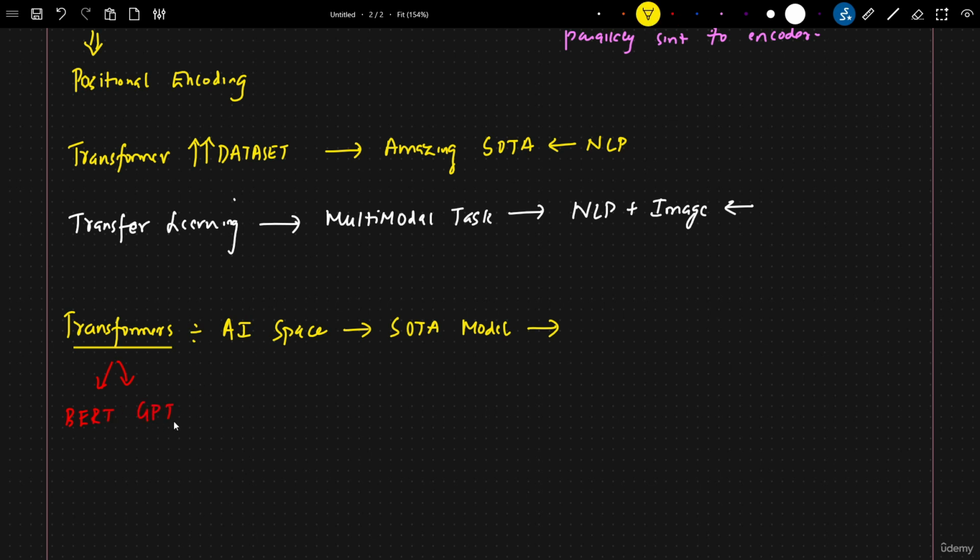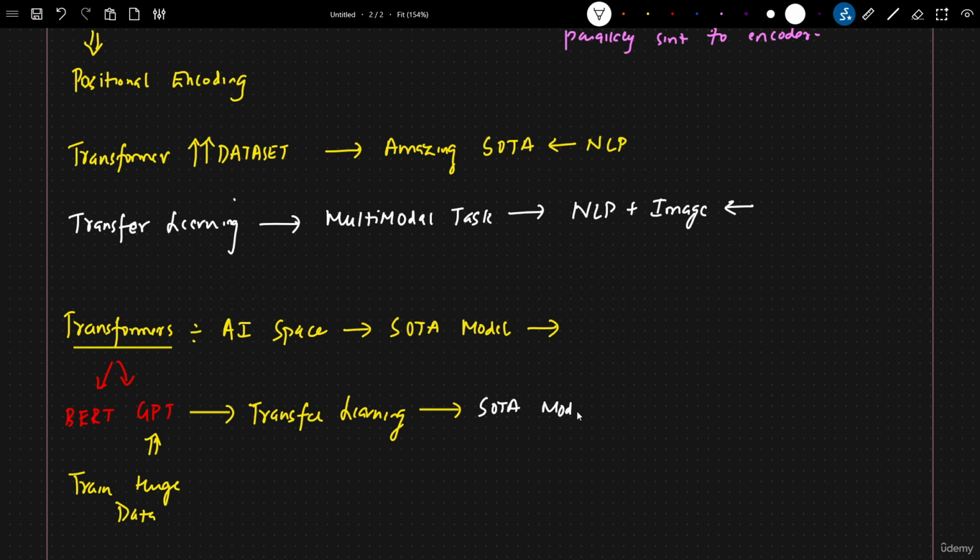Now, what companies are doing is, if they really want to create their own model, they don't have to train it from scratch. These models are trained with huge data, right? They can directly just use transfer learning. And with the help of this transfer learning, they are creating these amazing state-of-the-art models, right?